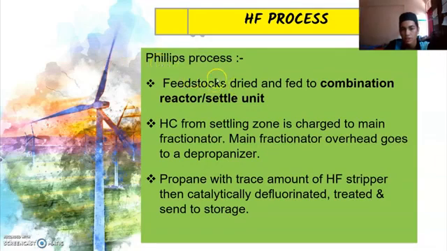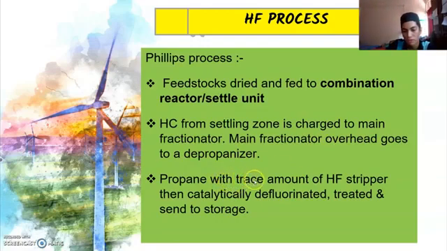The feedstock is dried and fed to a combination of reactor and settler unit. So in Phillips, the settler unit and the reactor are combined. The hydrocarbon from the settling zone is charged to the main fractionator. The main fractionator overhead goes to a depropanizer. Overhead is like the top of the reactor.